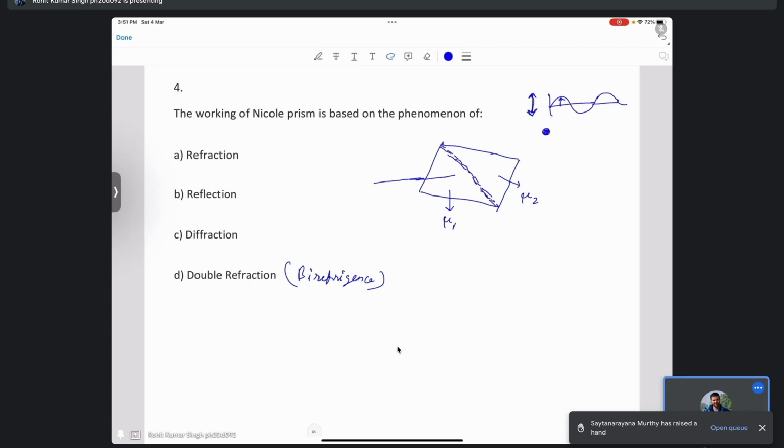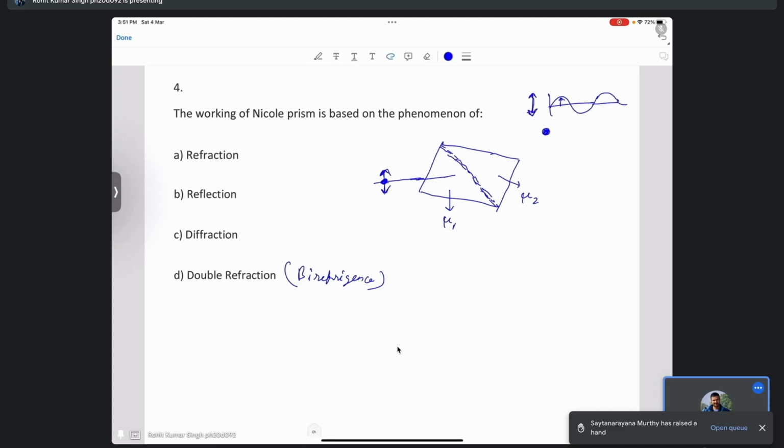So you can represent a light ray like this. It has both components, ordinary and extraordinary, that you call the two components of polarization.